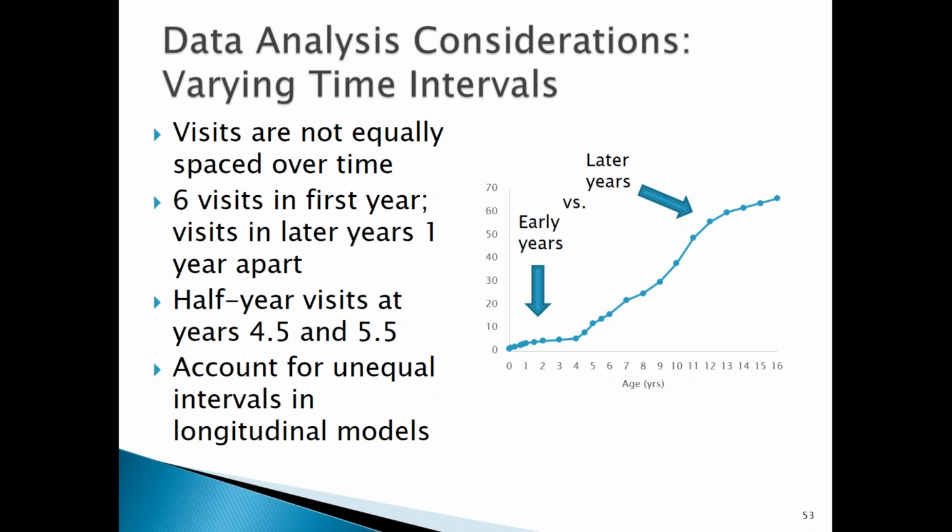For example, in the first year, there are 6 visits. Even in the later years, they're not necessarily 1 year apart. There are a couple of cases where there's a 4.5 and a 5.5 years. So you need to keep this in mind when you specify your time variable in some kind of longitudinal model, so that you account for those disparities.